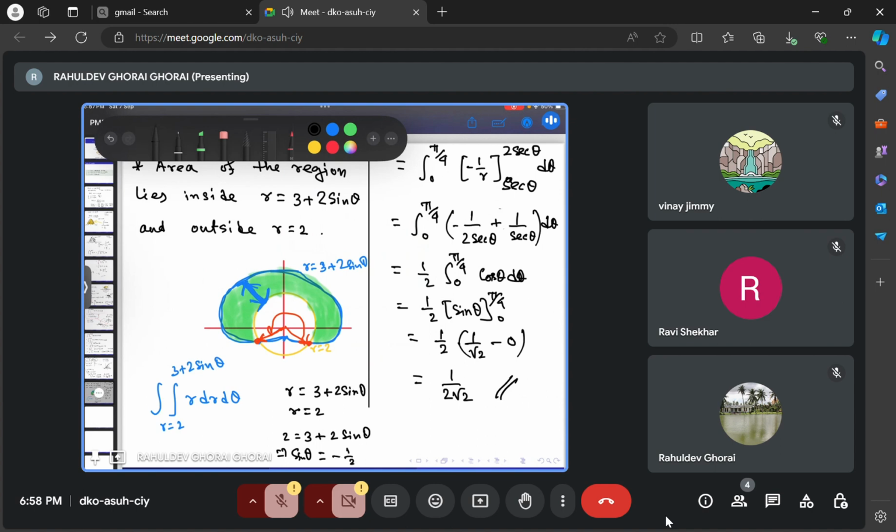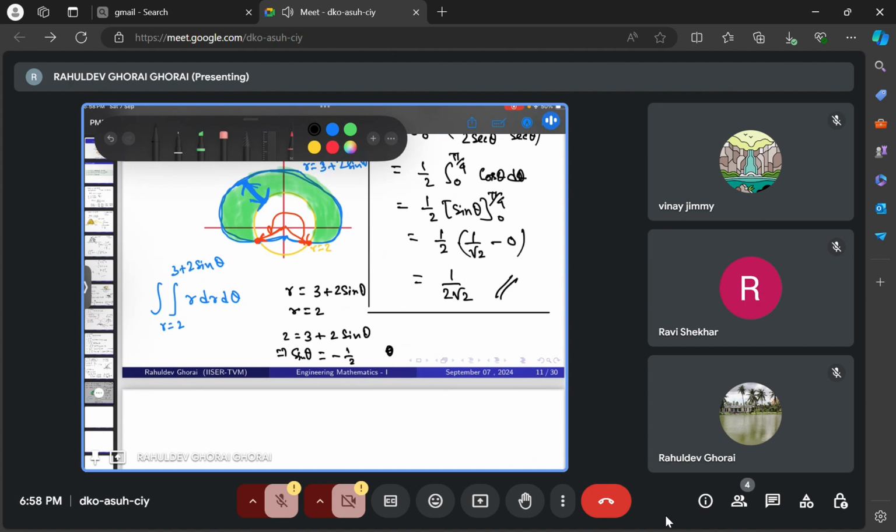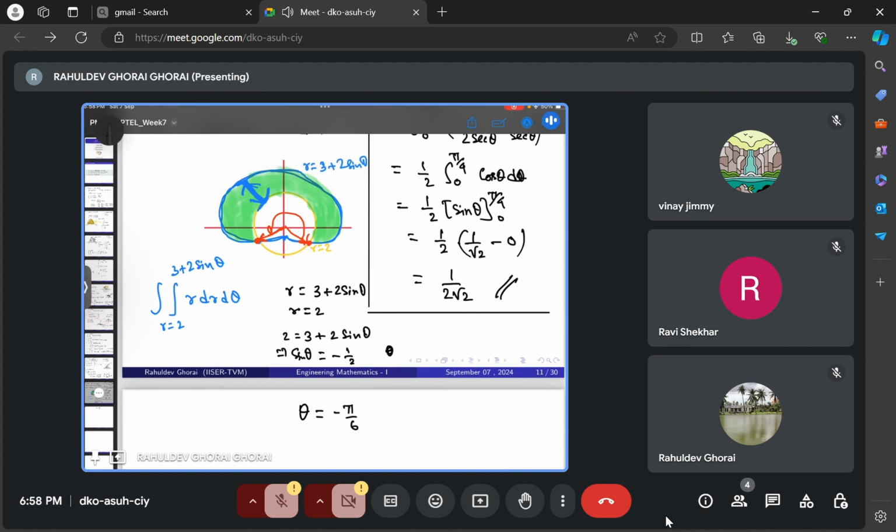Theta can have two values: minus pi by 6, and also 7 pi by 6.